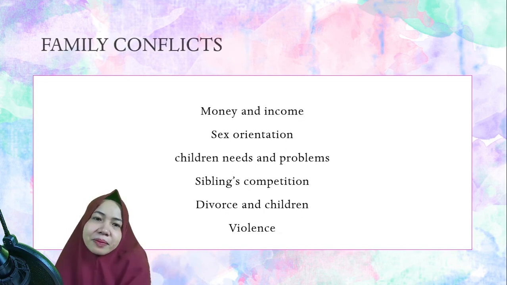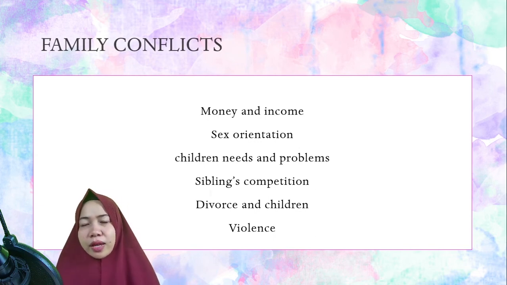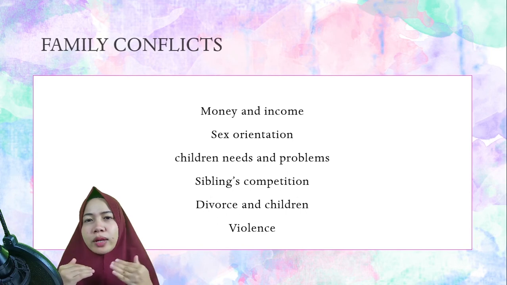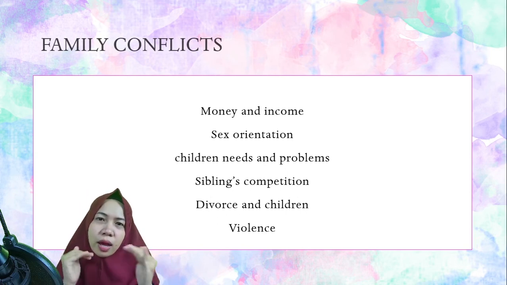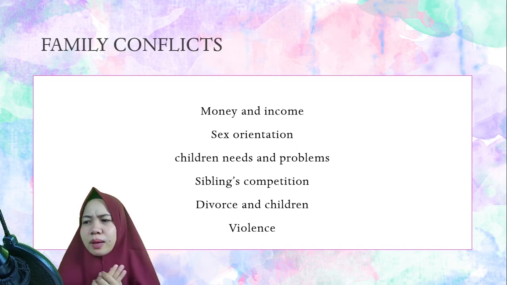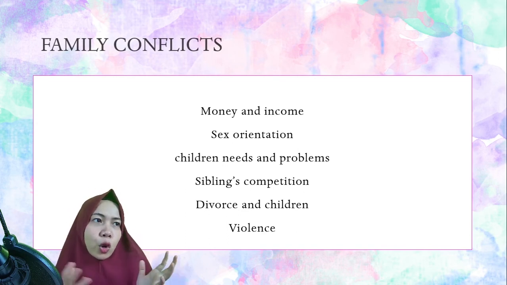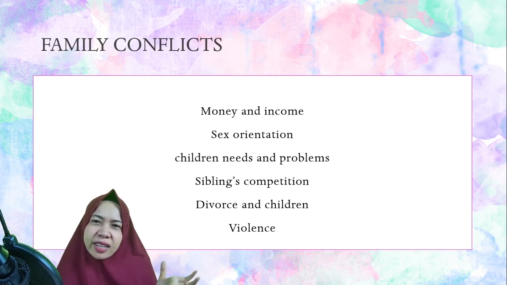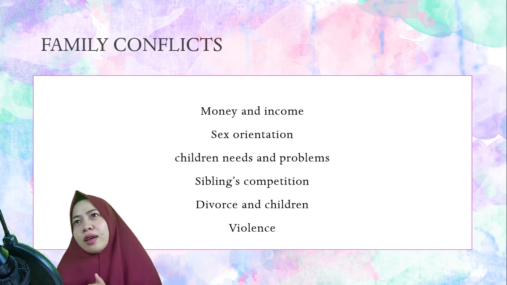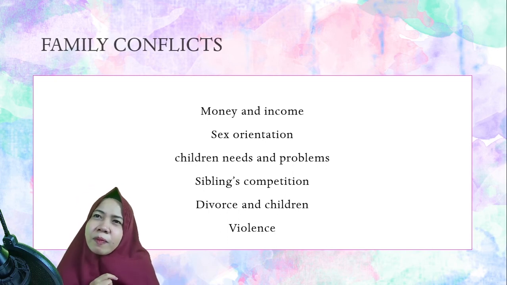Or family conflicts. We talk about money and income, the gap in income between husband and wife, for example, or sexual orientation. Maybe you just find out that your husband has problems with sexual orientation, or conflicts about children's needs and problems, for example.